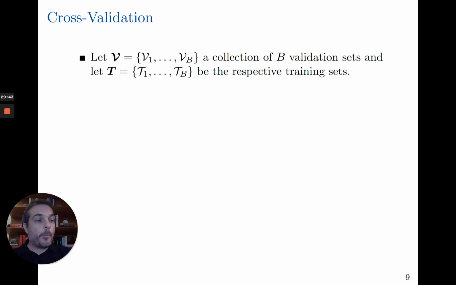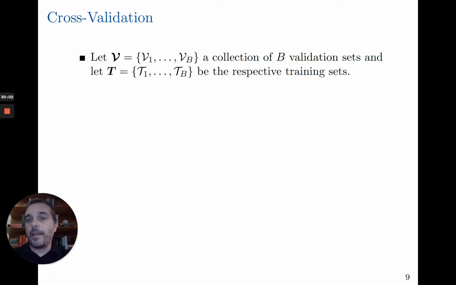Now I'm going to define multiple splits. So instead of having one set, I'm going to have capital B sets. So bold calligraphic V will be this collection of B validation sets, okay?